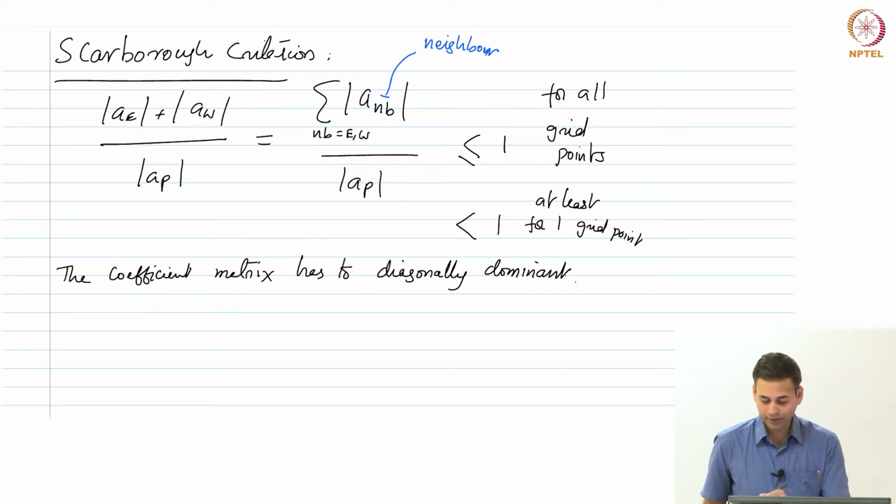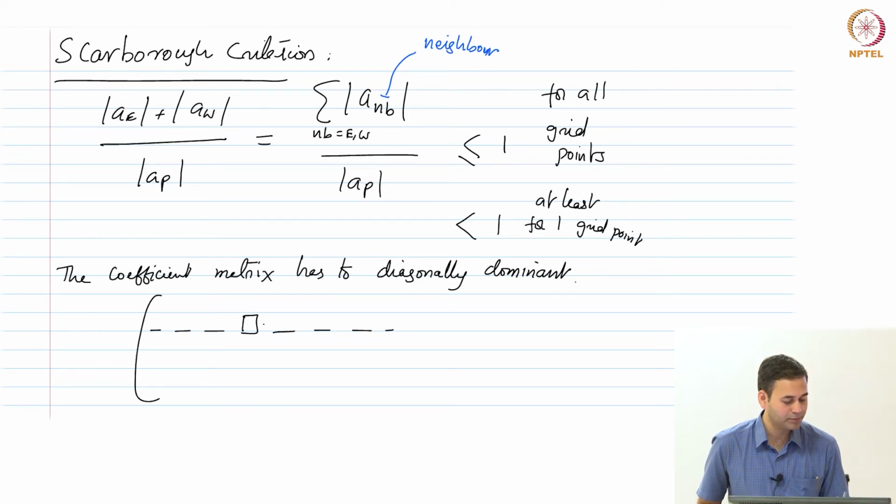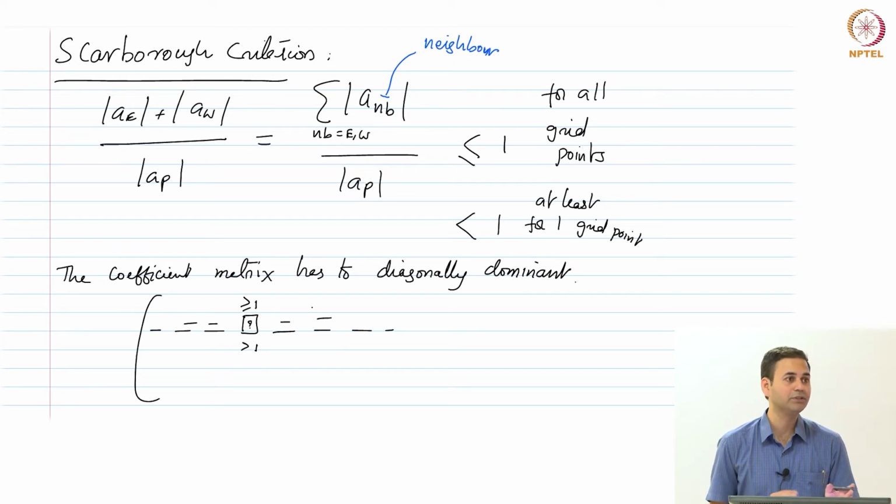Because if you write this in a matrix form, I have some elements and I have a diagonal. Let us say this is my diagonal here, then this value should be greater than or equal to the sum of all these neighboring values. So, this should be larger than or at least equal to all the neighboring values. We know that we do not have many neighbors, we have only 2 neighbors in the context of 1D because everything else is 0, that is why we have this A east and A west.